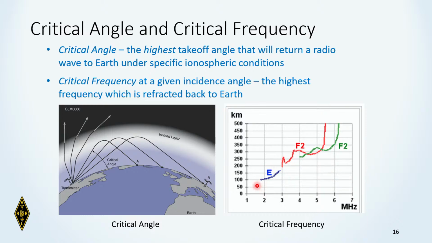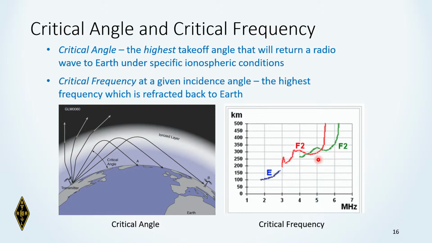What happens is they'll shoot a signal straight up and then see what comes back down again. They'll raise the frequency, so we've gone from 2 to 2.5 megahertz, raise the frequency, ping it again, see what comes down. By this process of sweeping the frequency and watching for the return echoes, they can actually determine where the E, F2, and these other layers appear.